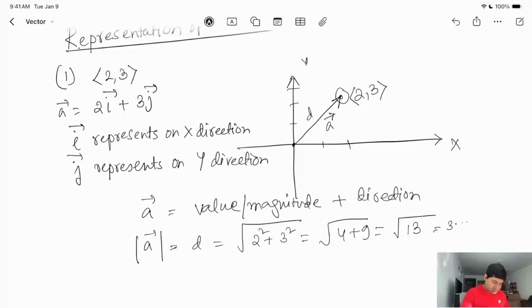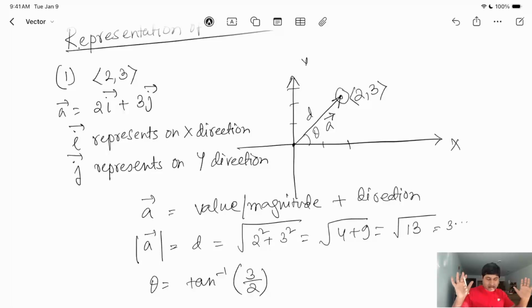What is the direction? You can think of it as taking a theta degree angle from the x-axis. We can easily calculate theta using tangent. We'll go through all these concepts later, but we can calculate theta using tan inverse of y by x, that is 3 by 2.